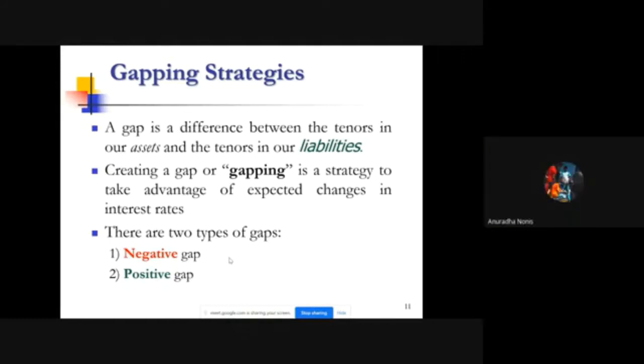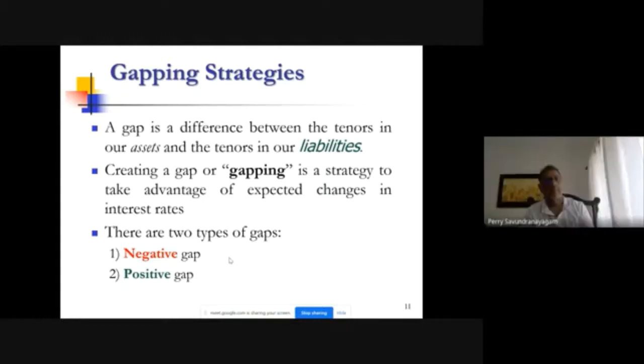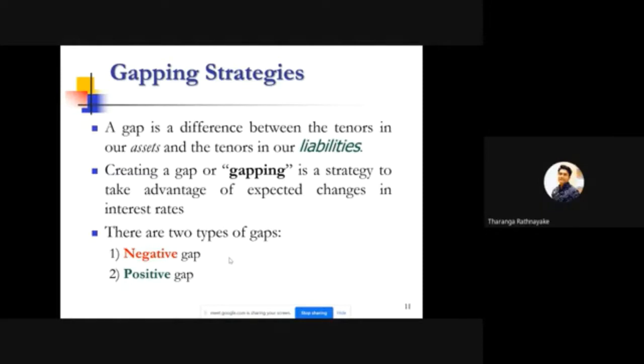It is to take advantage of interest rate fluctuations. Yes. And the other reason for having a gap, what's a gap? Gap is a difference between maturity dates of liabilities and assets. Yes.